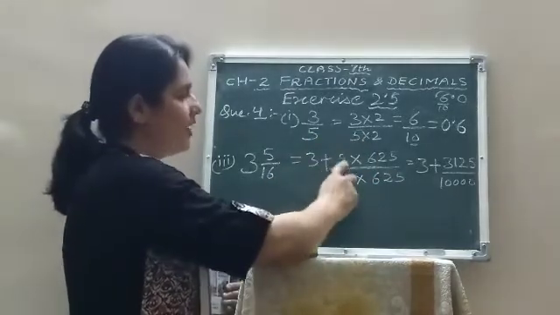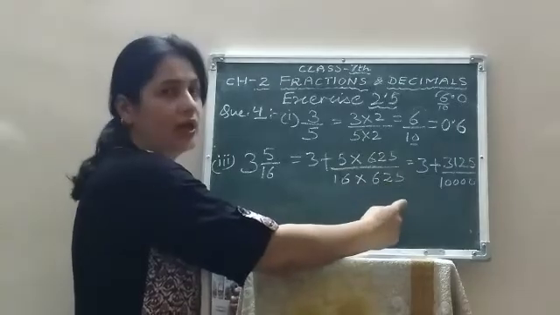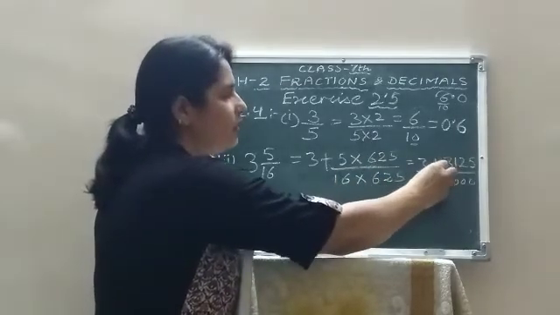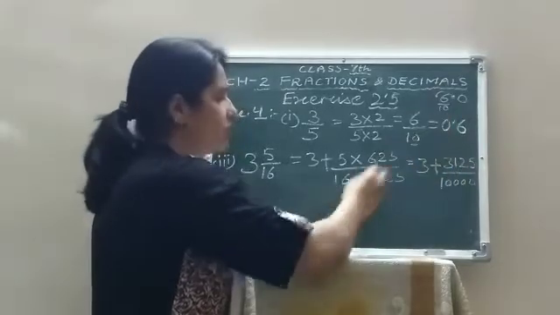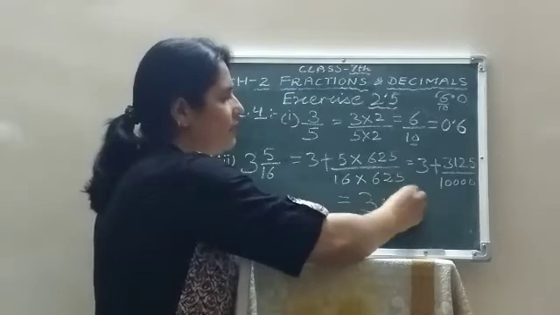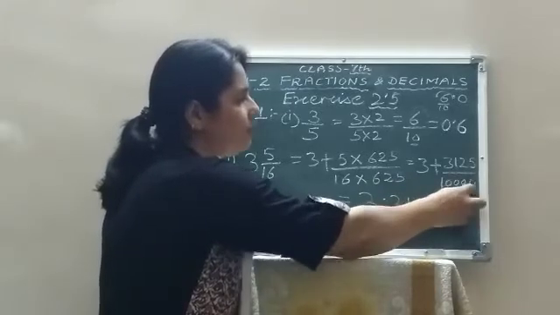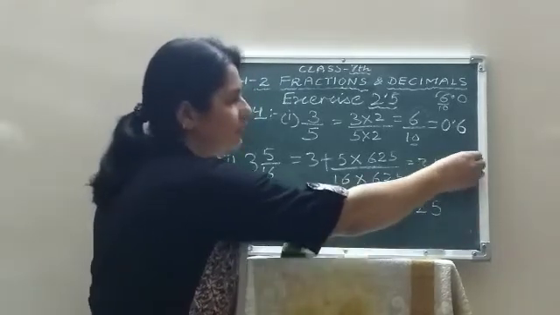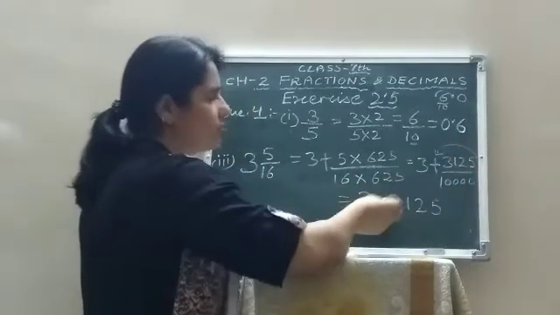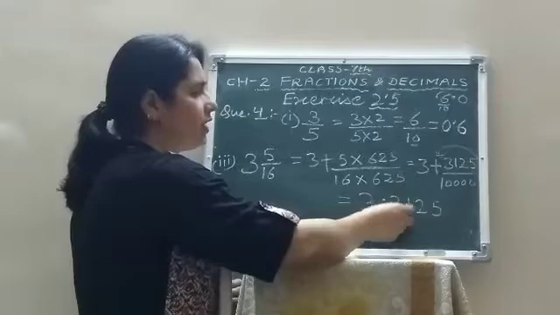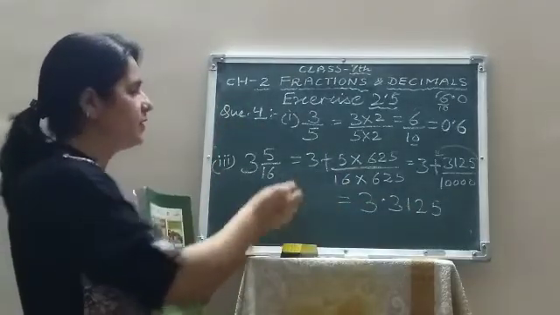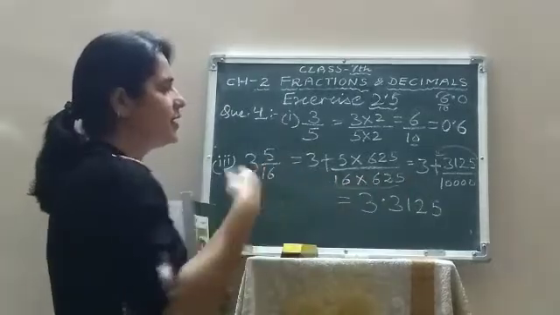So you will multiply 5 also by 625. So it becomes 3 plus 3,125 upon 10,000. So this is equal to 3.3125, because 4 zeros, so the point will shift 4 digits to the left: 1, 2, 3, 4. So it will become 3.3125.